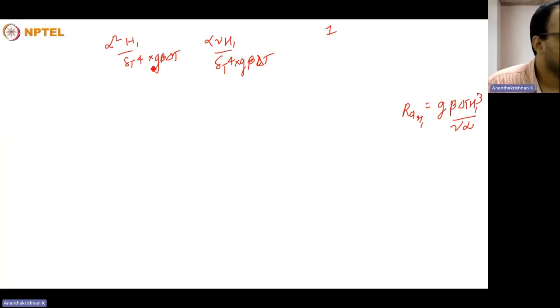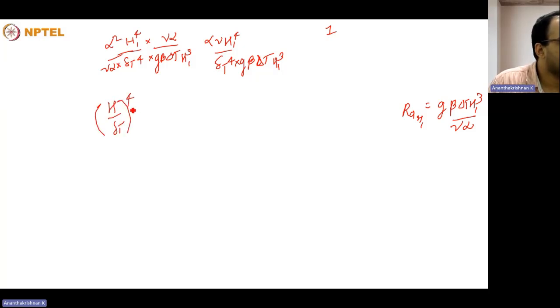We need it in terms of the Rayleigh number, so for this it could be h1 cube, and nu alpha. Similarly, here it will be h1 cube, h raised to 4. Nu alpha is already there, so we need not do much here. So this will be the Rayleigh number, and h and delta t you can club together, h by delta t into alpha.